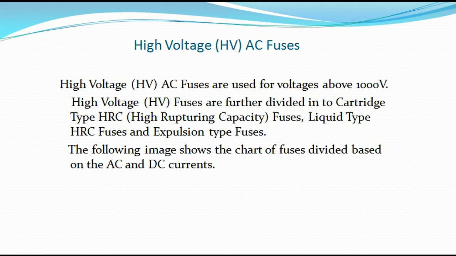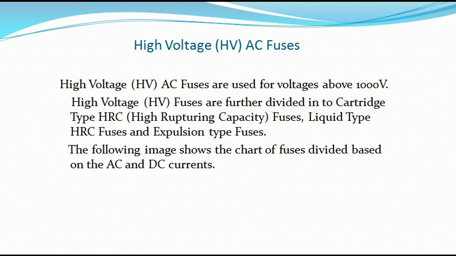Now, I also tell you about high voltage fuse, which is used above 1,000 volts, from 1,001 and above, which is further divided into cartridge, which has high rupturing capacity fuse, liquid types, and explosion types.